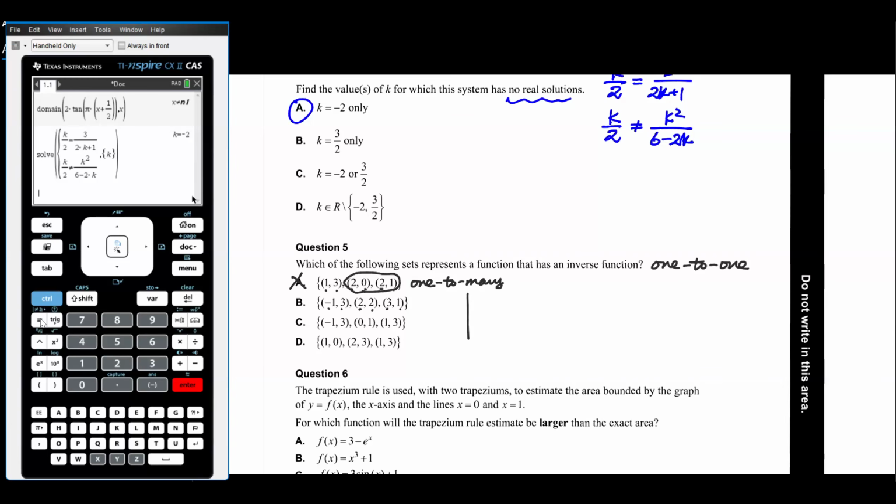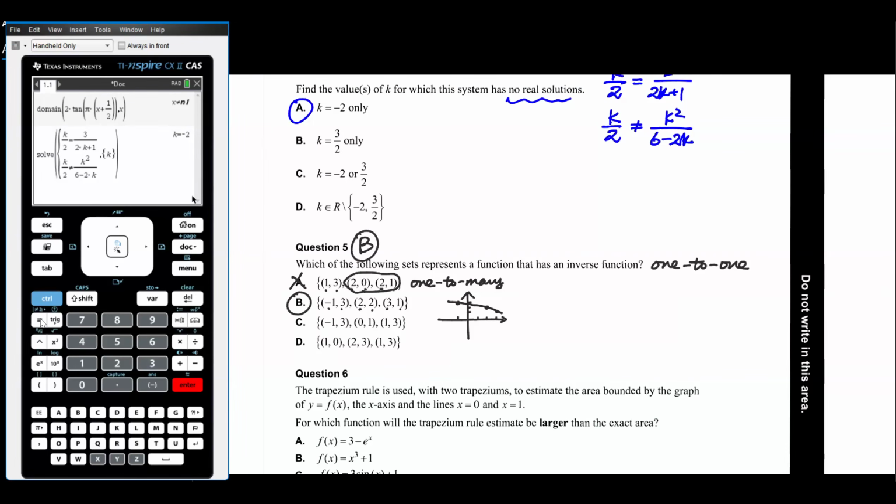Let's have a look. If I draw a graph, yep, this graph is a 1-to-1 function.